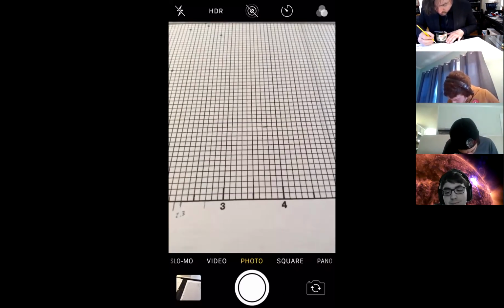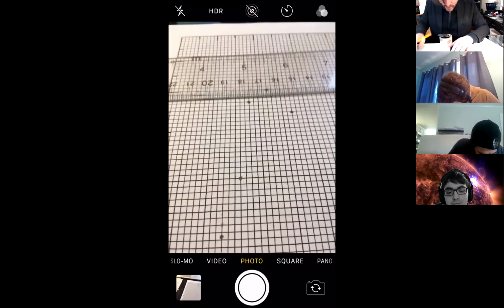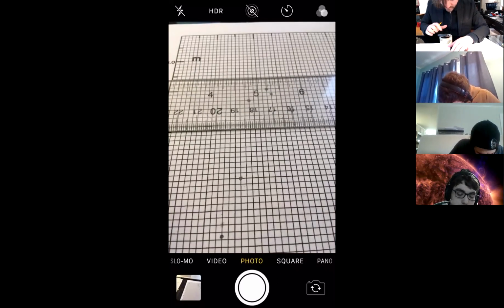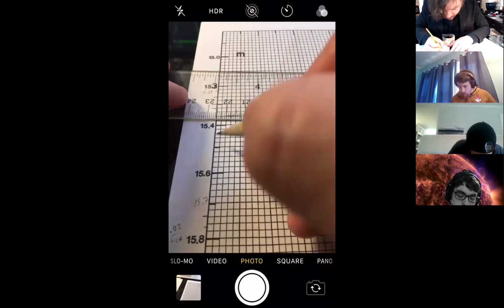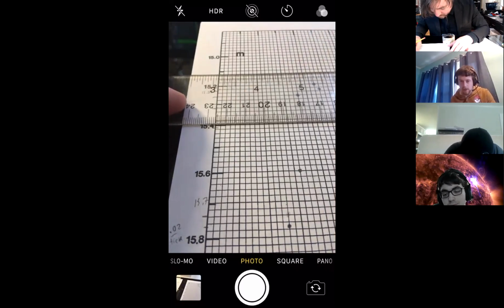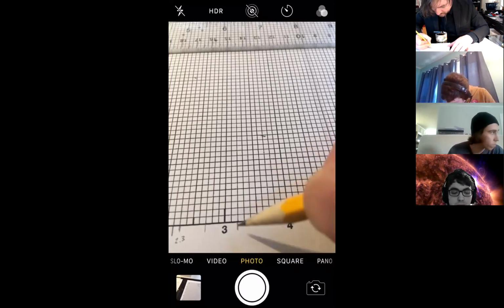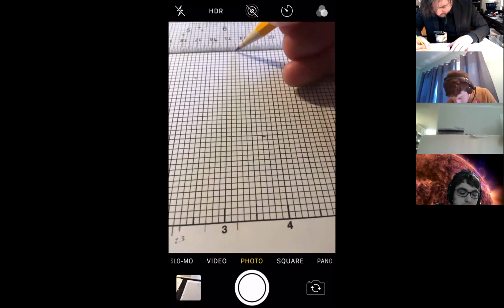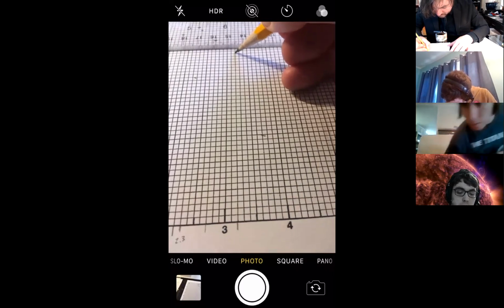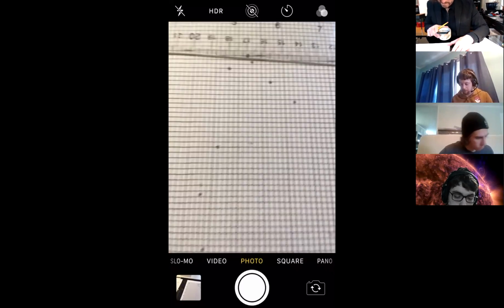.2 and 15.41. 3.2 and 15.41. This is 15.4. And if we go down, that's 15.42. 15.41 is right in the middle. All right.